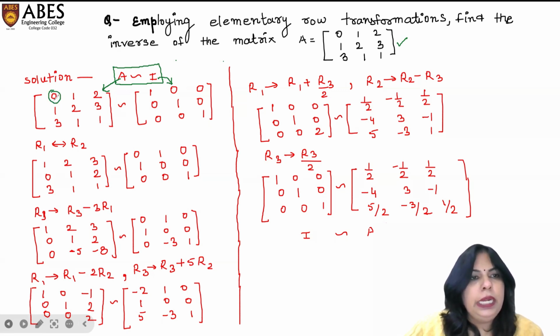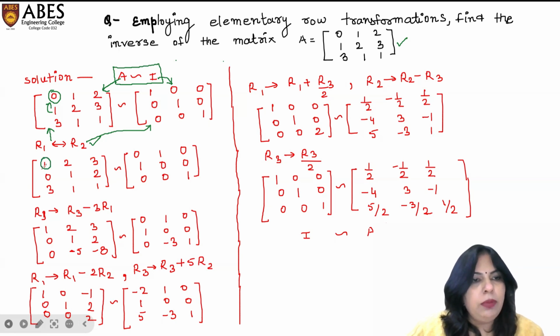So we can interchange R1 and R2 to shift this one from here to there. So I am going to apply this operation R1 interchanged by R2. We will have to apply this operation in this matrix A as well as in this identity matrix I. After applying this operation, we'll get these two matrices and we'll get one here.